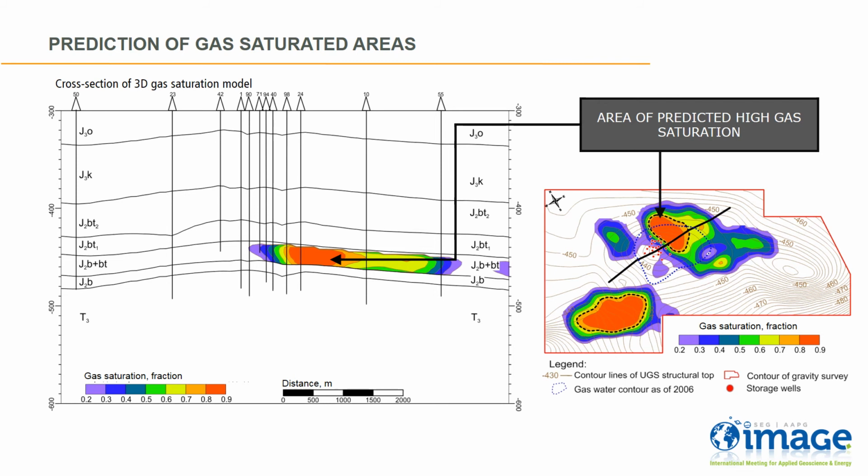The predicted area has a difficult non-anticline shape and is divided into 4 subzones, with only one highly saturated zone with more than 70% gas saturation. This zone can be developed as an artificial gas pool in the future.